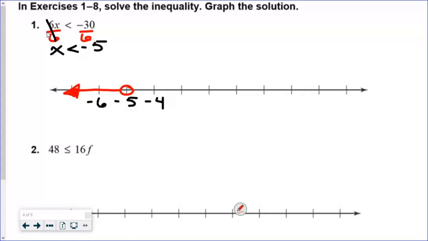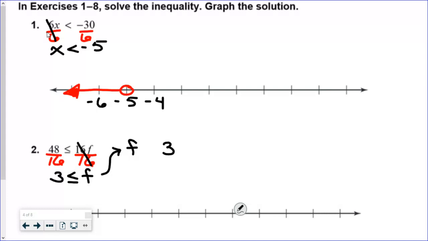Number 2, divide again to get f by itself. Now you might need your calculator. 48 divided by 16 is actually a nice number. That's 3. The 16's cancel. Now, we're not done with our solution yet. The variable has to be on the left. The number has to be on the right.